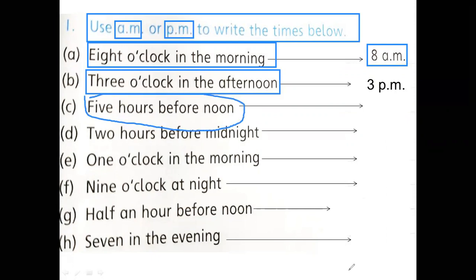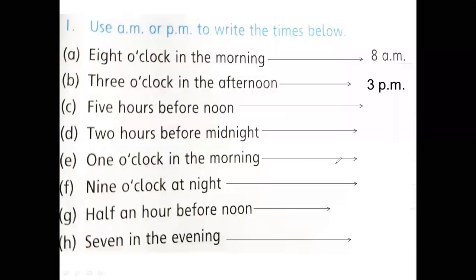Dear students, before noon means before 12. So 5 hours come back: 11, 10, 9, 8, 7. It means 7 o'clock, meaning 7 a.m.